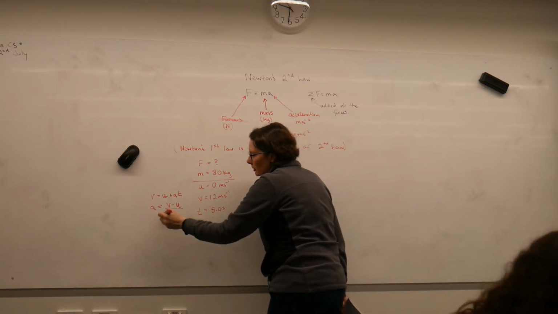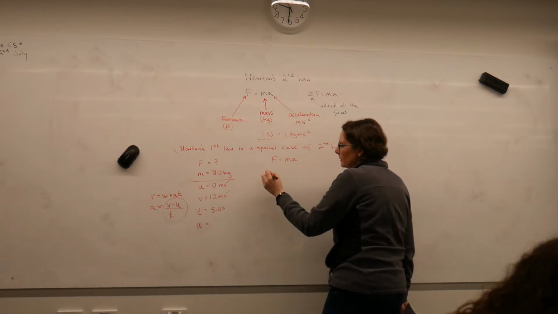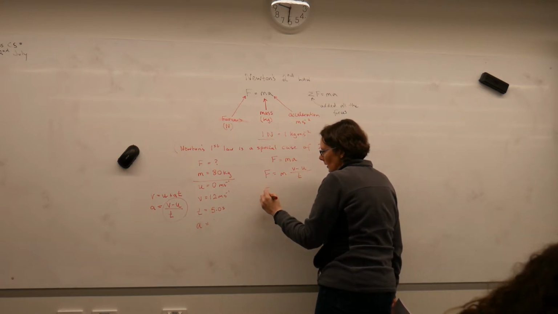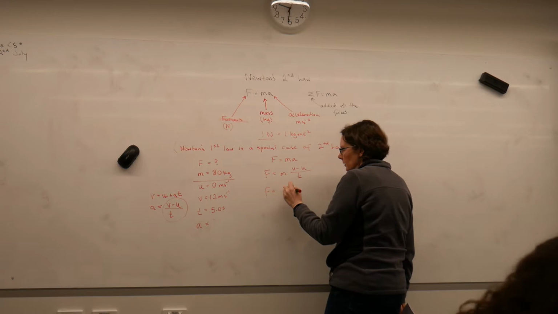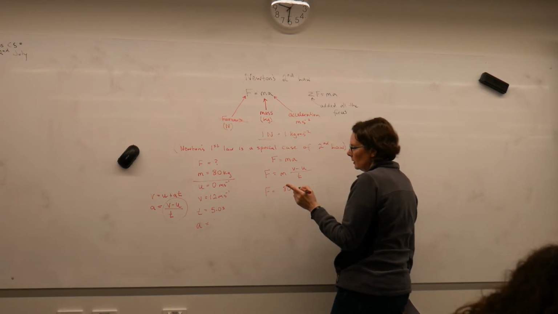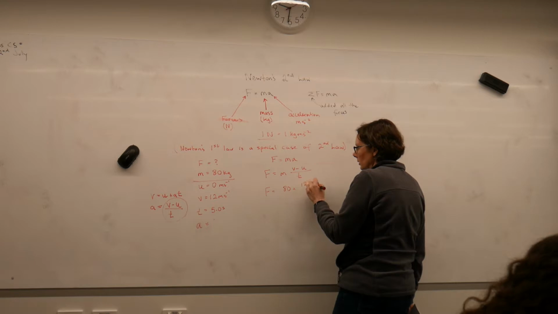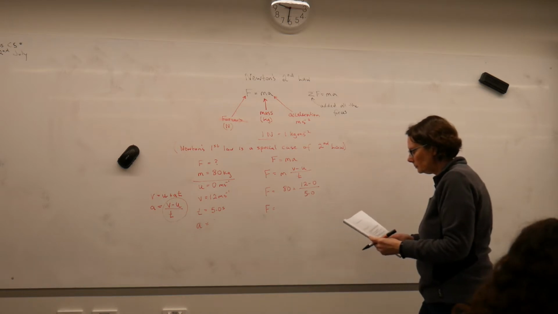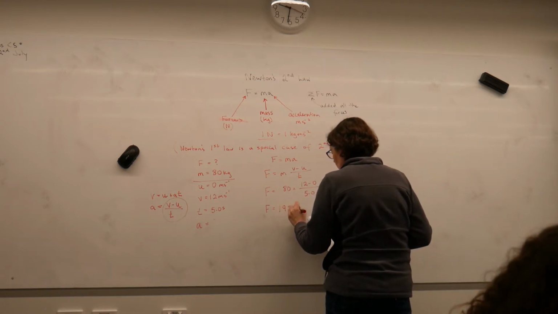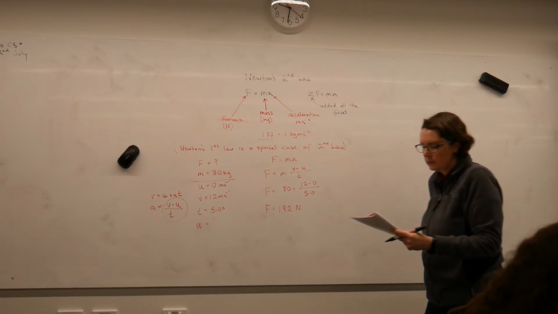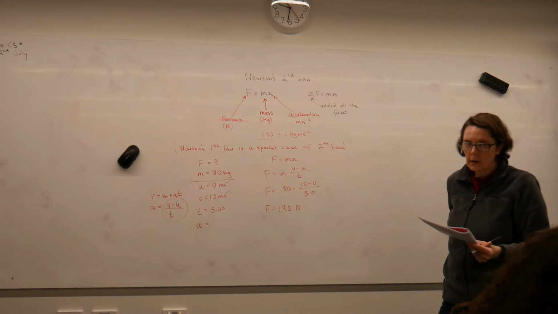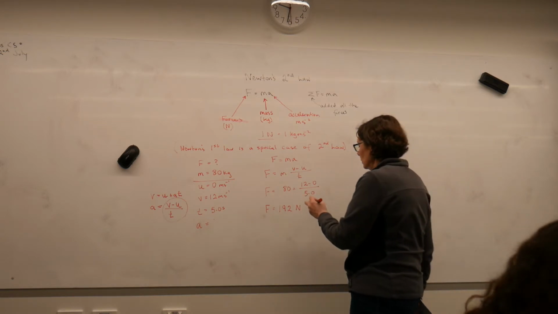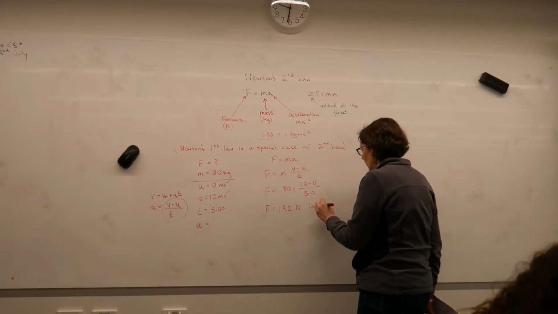I can just substitute this relationship directly into this formula, and then I can do one calculation. My final velocity is 12, my initial velocity is 0, to find the force, 192 newtons. Now, we should still have direction because force is a vector. We weren't given a direction, so we're just going to say in forward direction or positive direction.